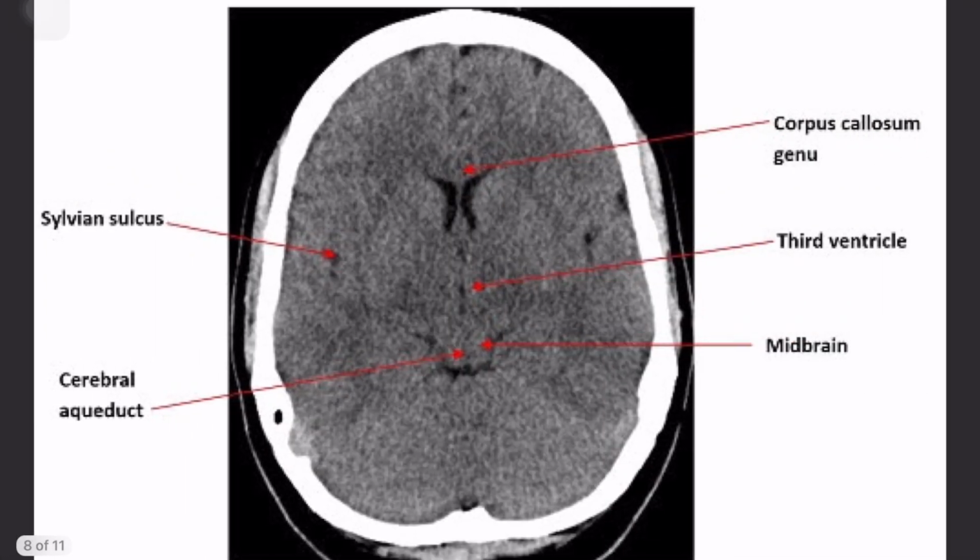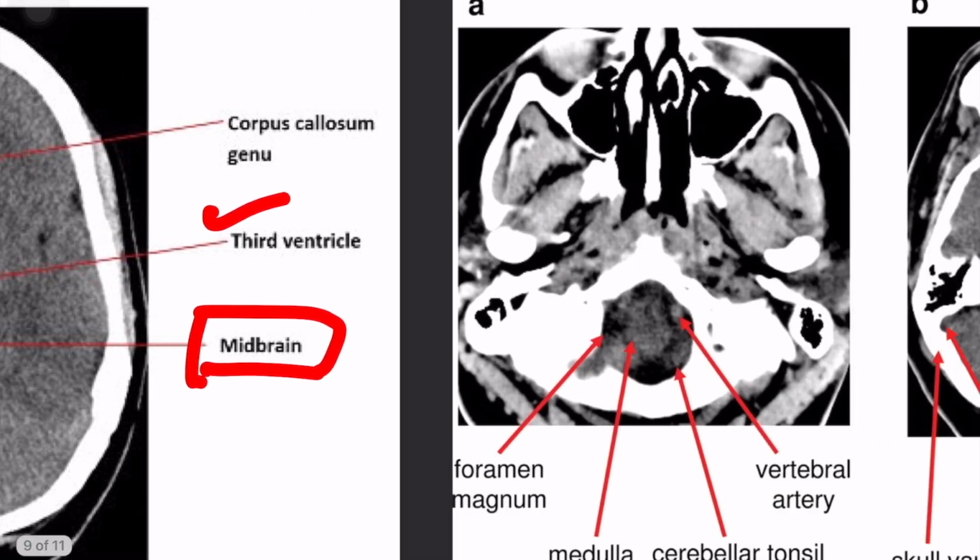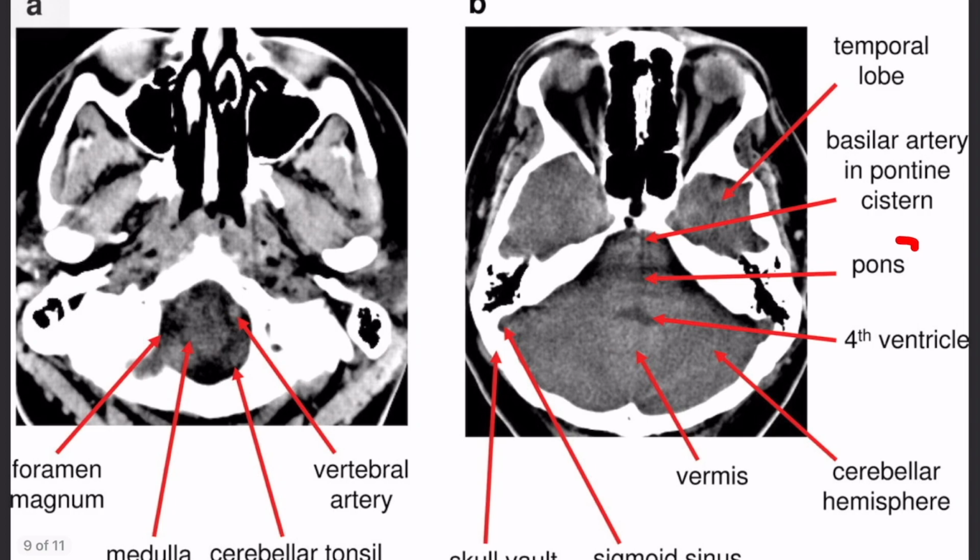In the cross section where the midbrain is present, we'll be able to appreciate the cerebral aqueduct and third ventricle. In the cross section where the pons is seen, the pons is more clearly seen along with the cerebellum.